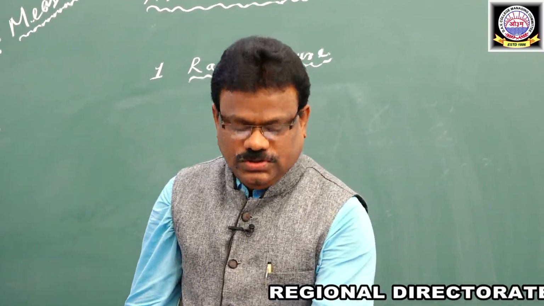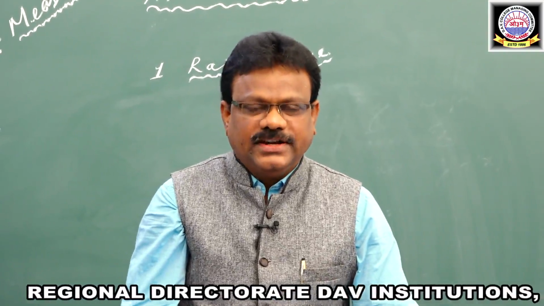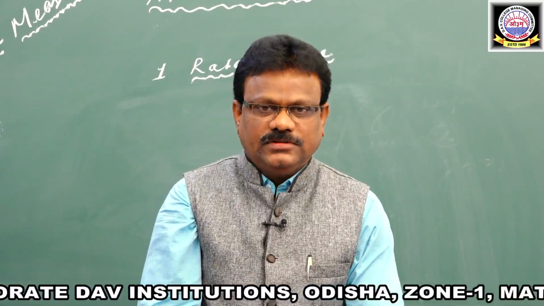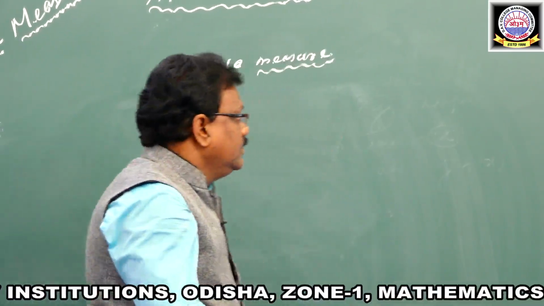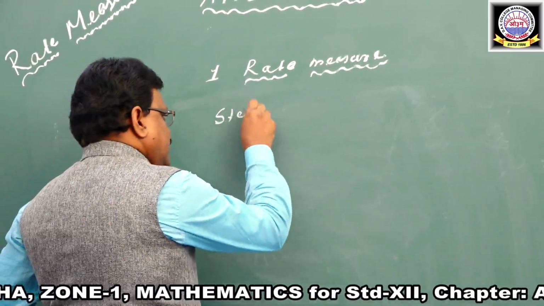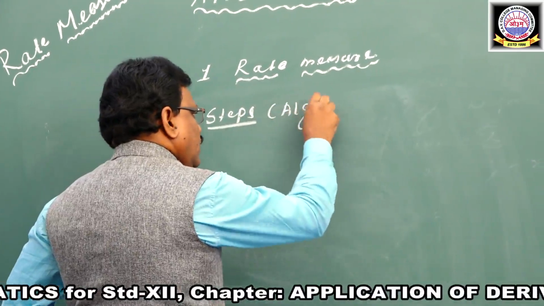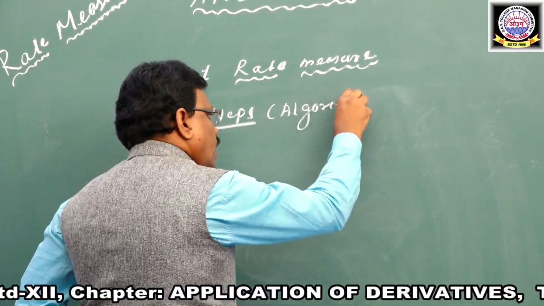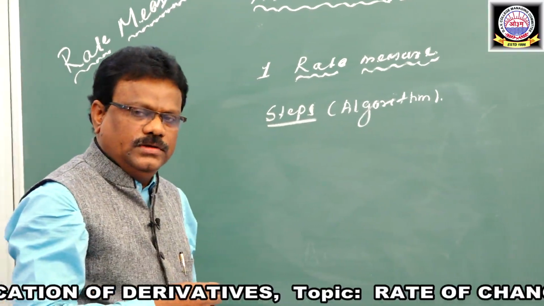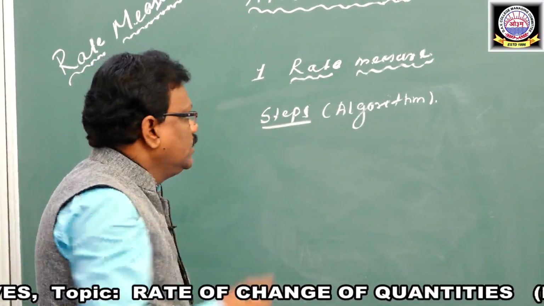Okay, students, see how to attempt the questions based on rate measure. I am telling some steps or algorithm. The first point you write down. Write down the steps or the algorithm: how to solve the problems related to rate measure.